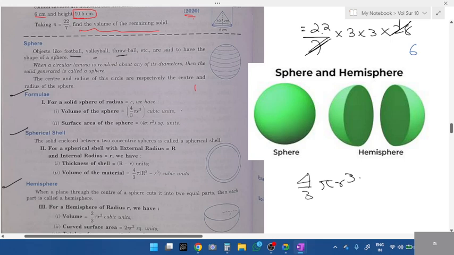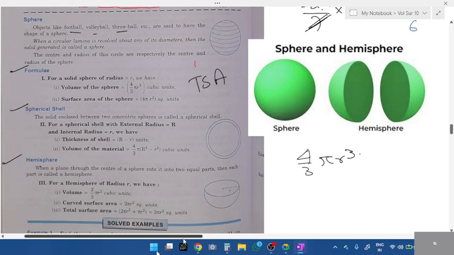Volume of a sphere 4 by 3 pi r cube, surface area. See here they have removed the word total surface area. Can you see total surface area anywhere? No, right? If you cut it, you'll get a total surface area. But if it is a full sphere, there is no total surface area. So only two formulas, students.